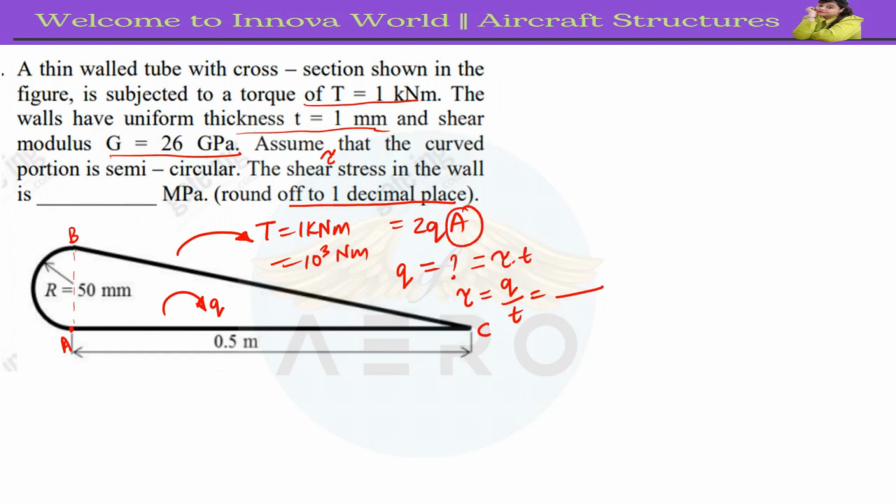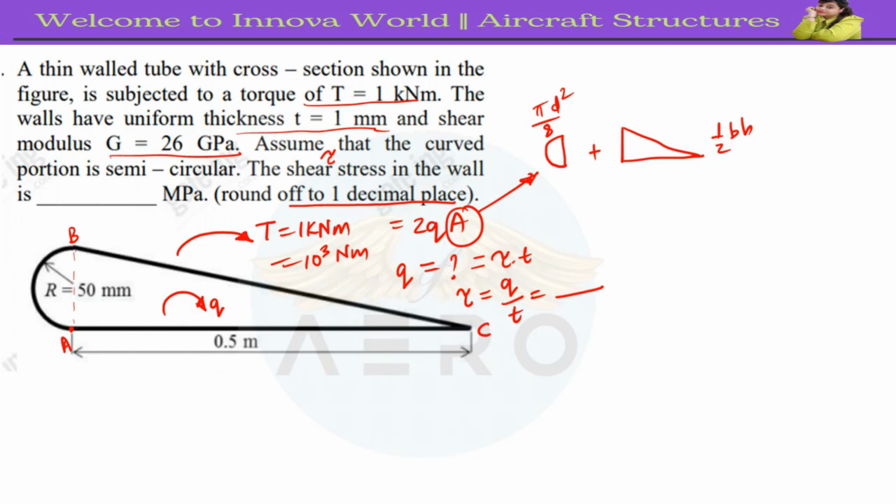Now here, how to find the area? Area will be the combination of the semicircle, that is here, plus the right angle triangle, that is half BH, and this is pi r squared by 2.